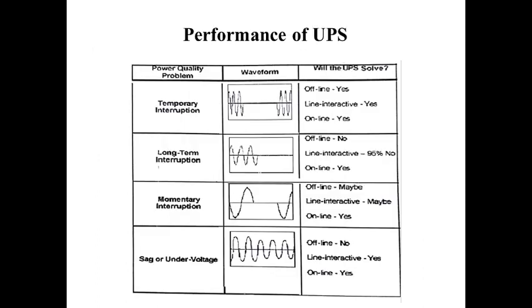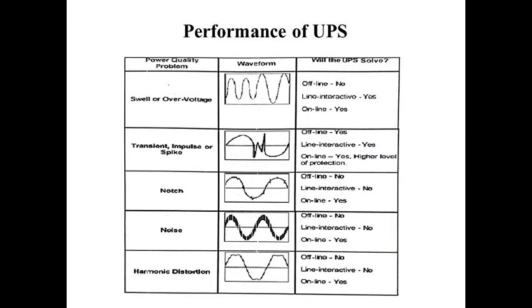Now we'll see the performance of UPS for various power quality problems. The power quality problems are listed on the side: temporary interruption, long-term interruption, momentary interruption, sag or under voltage, and the corresponding waveform is shown. Whether the UPS will be able to solve this in offline and online is shown in the table.